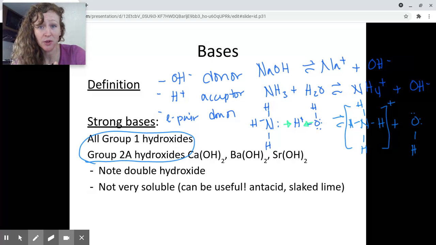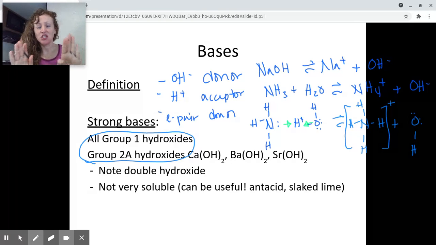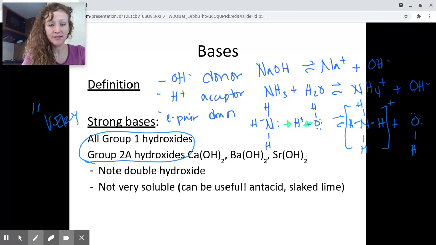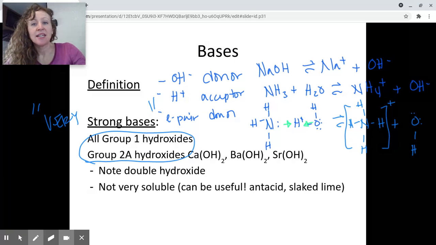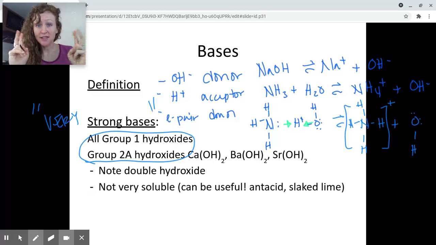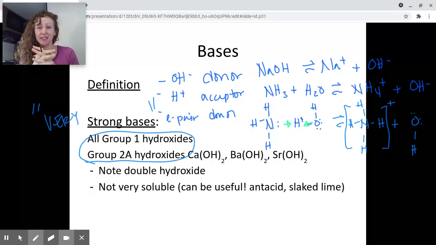Any other base you come across is then going to be technically a weak base. Now, here again, we have that designation. When we talk about strong bases, basically we're talking about very strong bases, right? Anything else like ammonia is going to be a weak base whose conjugate is weak, right? So ammonia and ammonium will be those conjugate weak base, weak acid.